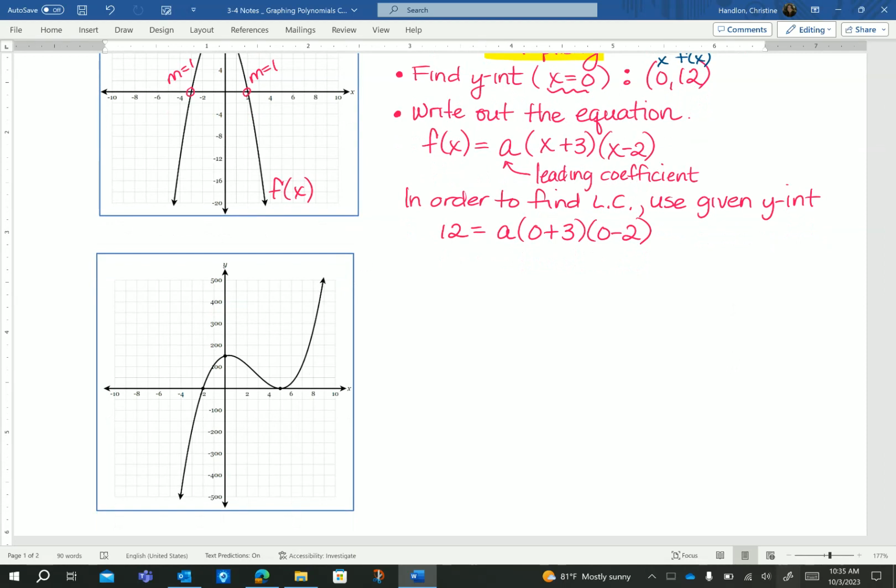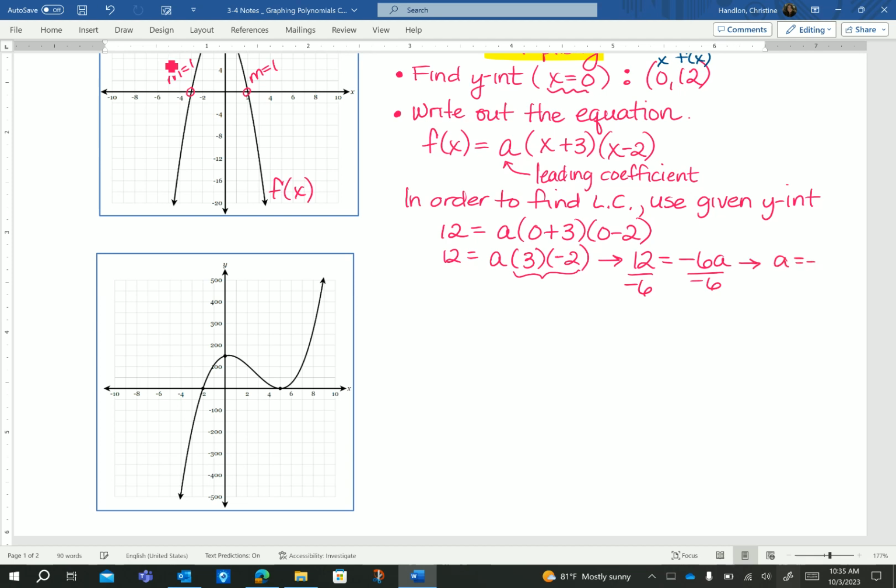So we will simplify from now on. 0 plus 3 is a 3, and 0 minus 2 is a -2. When I multiply these two, I end up with 12 equals -6 times a, which, to isolate the a, I'm going to divide by -6.